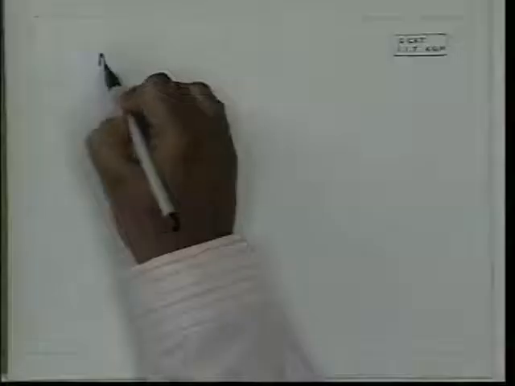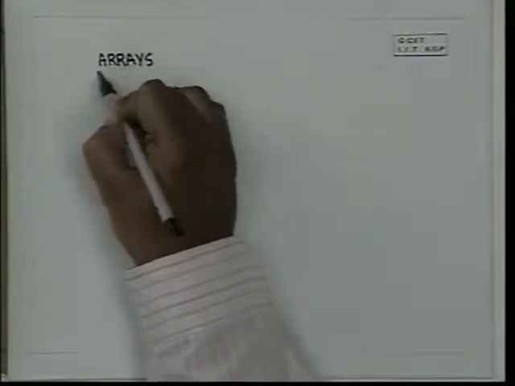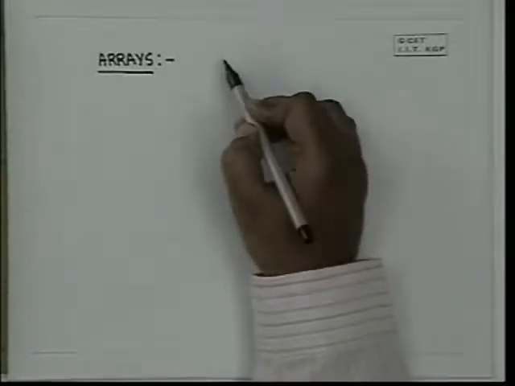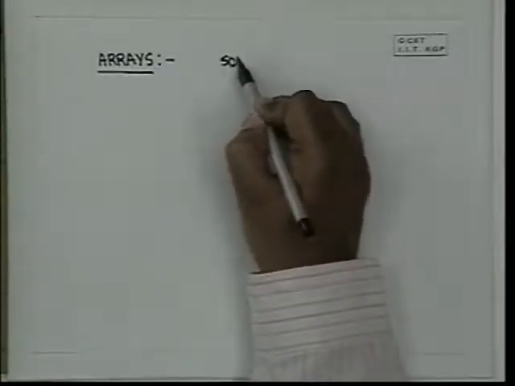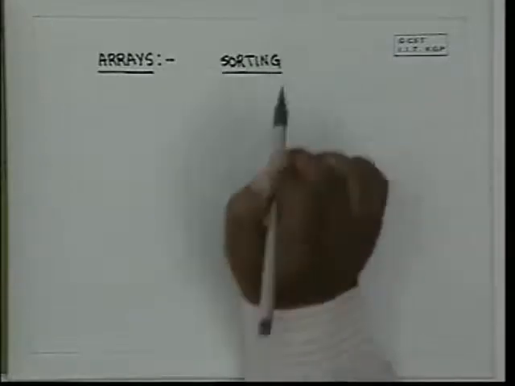And one of the classical examples of using arrays is sorting. So we'll take up an example of sorting, a simple exchange sort, and see how we will use arrays.